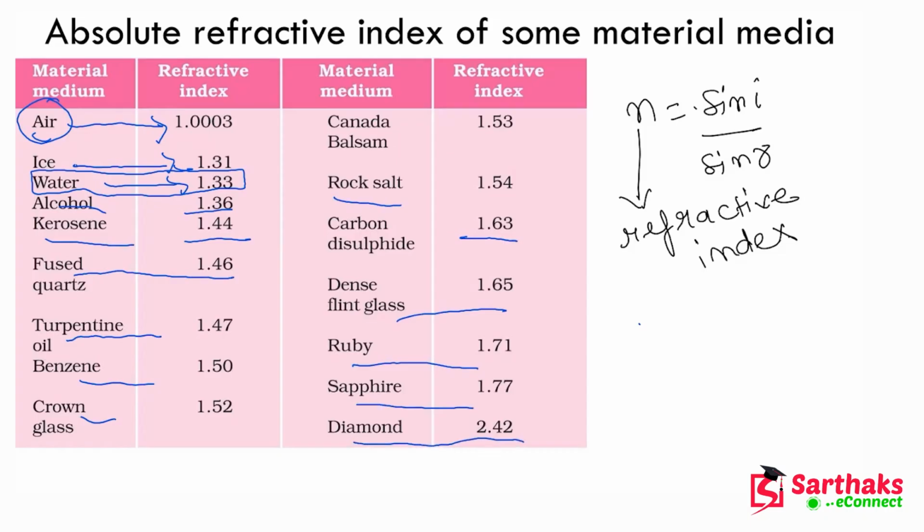Also, you don't need to remember all these, only from air to alcohol is important. So you will just remember this. Otherwise, you don't need to memorize all the other refractive indexes. So let's move on to the next slide.